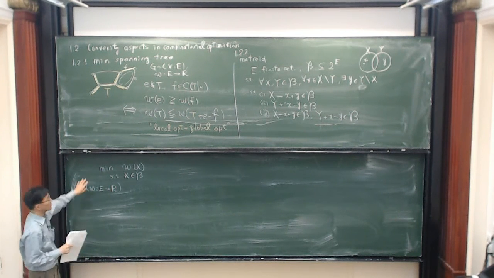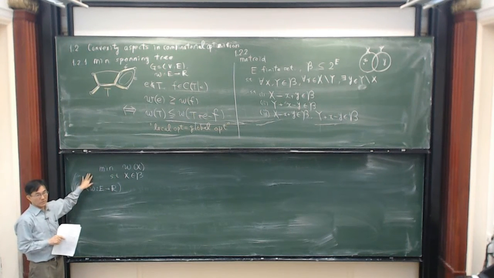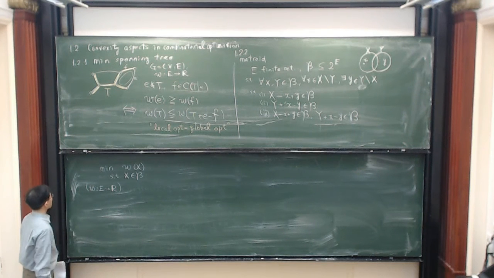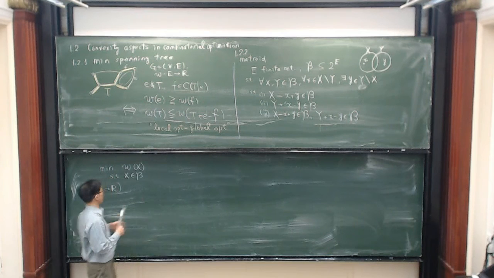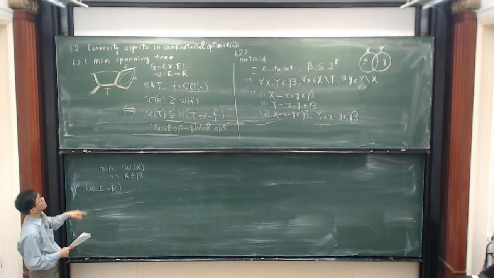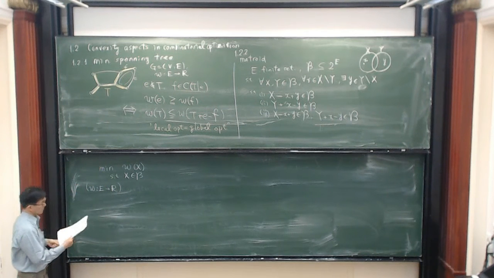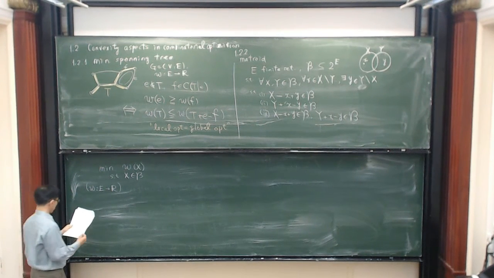And for this, a famous algorithm is the greedy algorithm. But today, I don't discuss it. But instead, I say that this is also true. So local optimality condition, in this sense, implies the global optimality of a base.